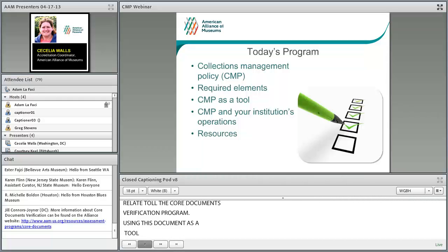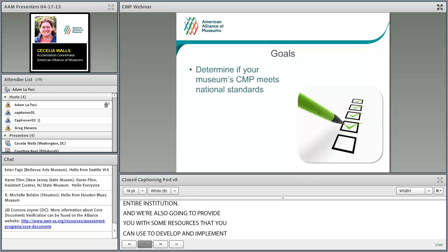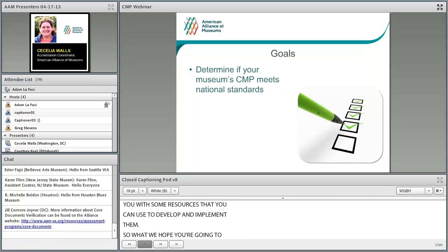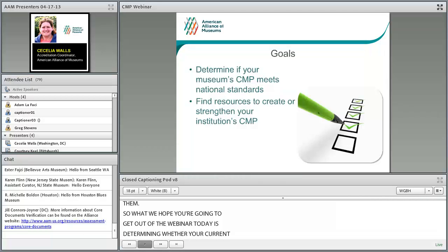We're also going to provide you with some resources that you can use to develop and implement your policy. So what we hope you're going to get out of the webinar today is determining whether your current collections policy meets the national standards as they exist, and help you find resources to create or strengthen your policy.